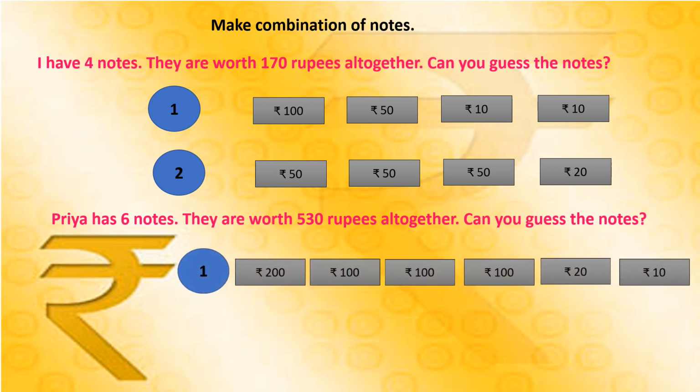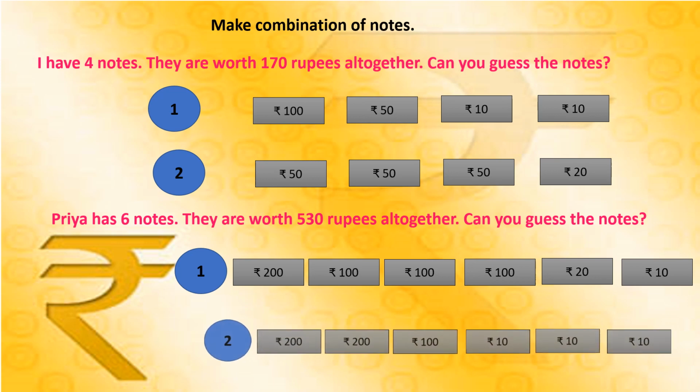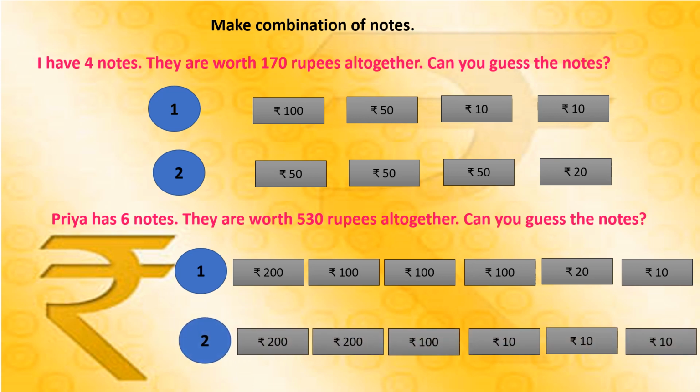Take a look at another one. Priya has 6 notes. They are worth rupees 530 altogether. Let us guess the notes now. In the first combination, let's first break up 500. So to make 500, we take 1 200 rupee note and 3 100 rupee notes.